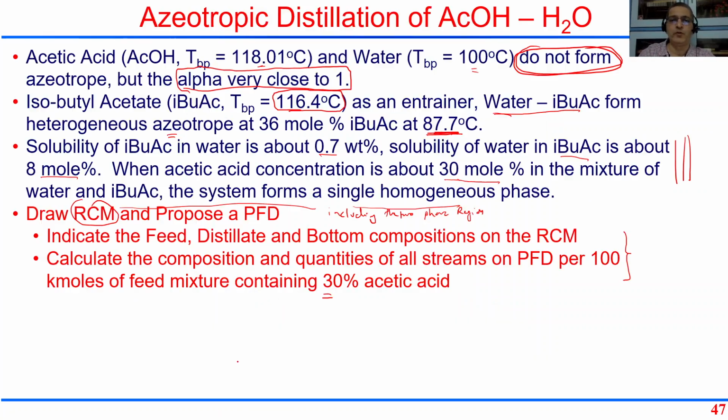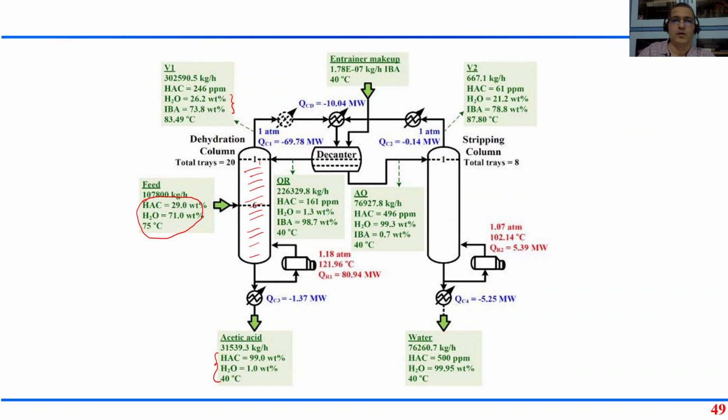Now it's going to split into two phases. Organic phase here, which is essentially butyl acetate containing about 8% water. This can go back to the column. And an aqueous phase, let me draw with a blue, which is containing essentially water but very little butyl acetate.